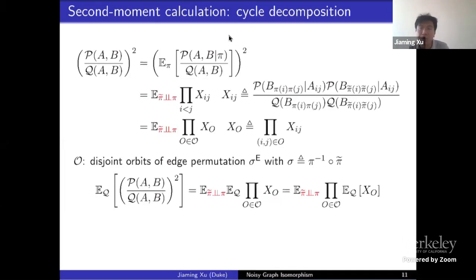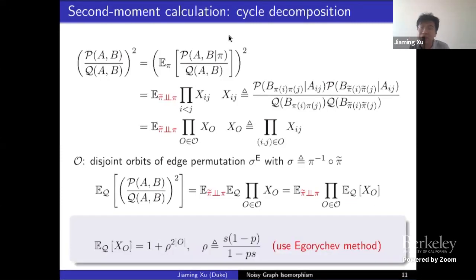So X_O will become independent across different O. That's why we can pull the expectation inside the product and we arrive at the expectation of X_O, where X_O, remember, is just the product of X_ij over all the pairs in this edge orbit. It turns out that this expectation of X_O can be explicitly computed. Even though the computation is complicated, we get this nice simple expression.